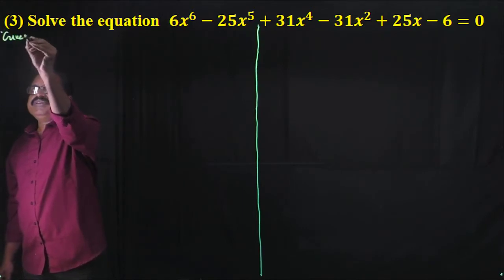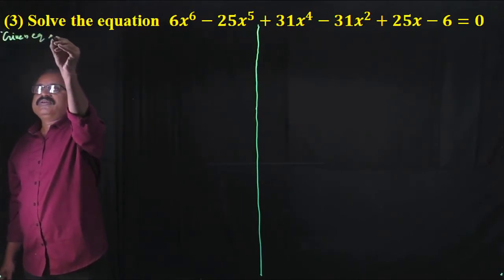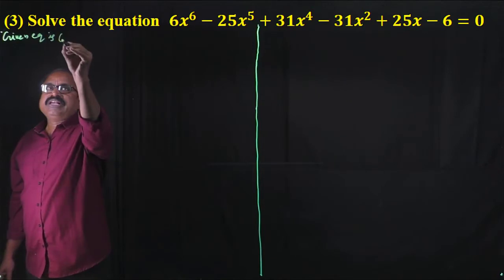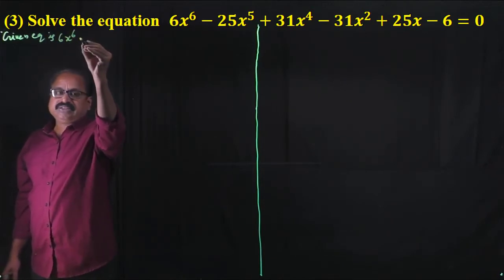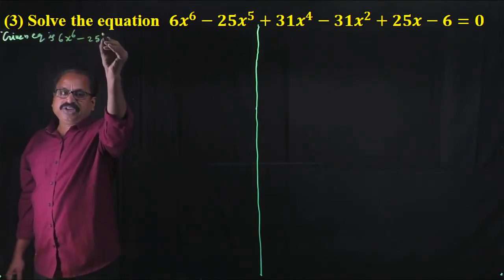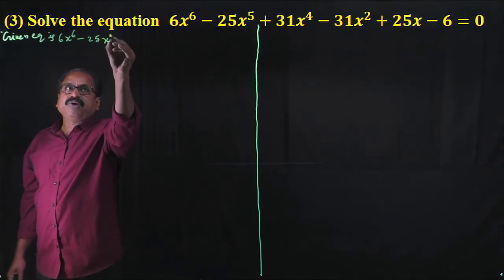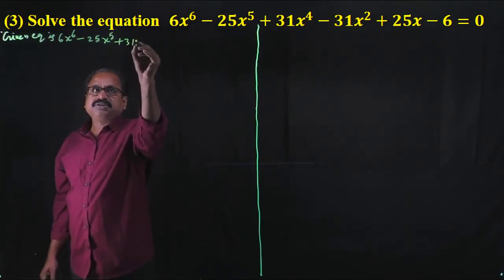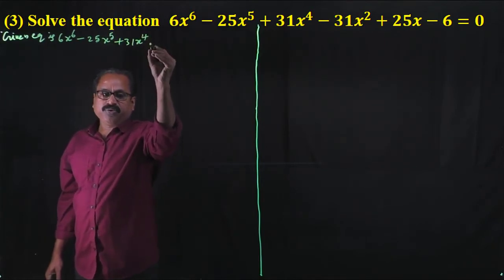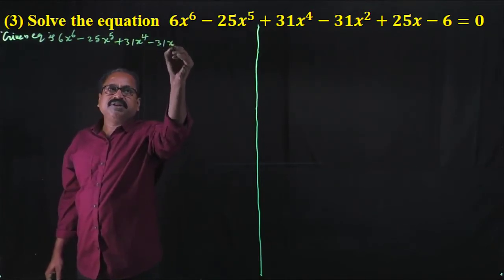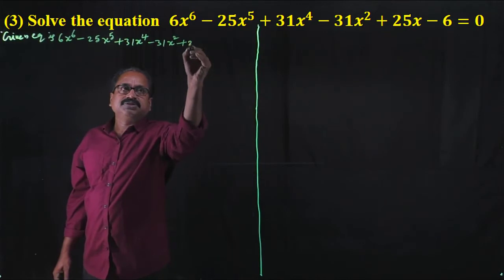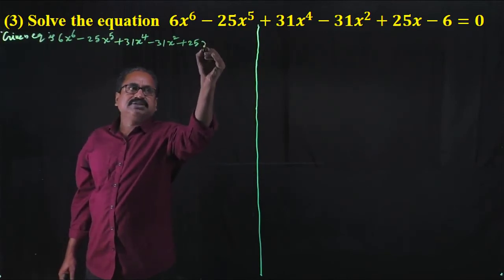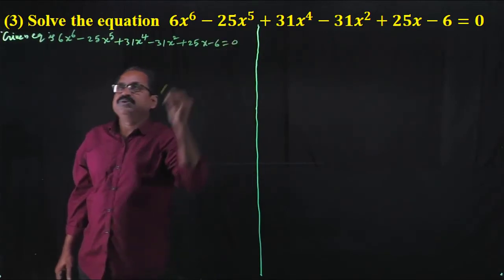Given equation is 6x to the power of 6 minus 25x to the power of 5 plus 31x to the power of 4 minus 31x square plus 25x minus 6 is equal to 0.